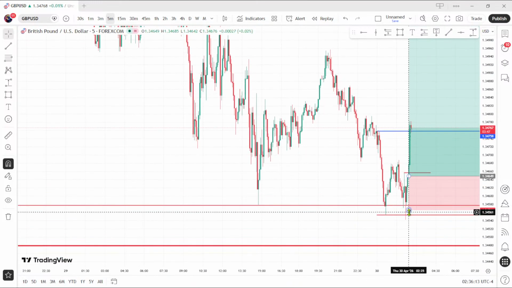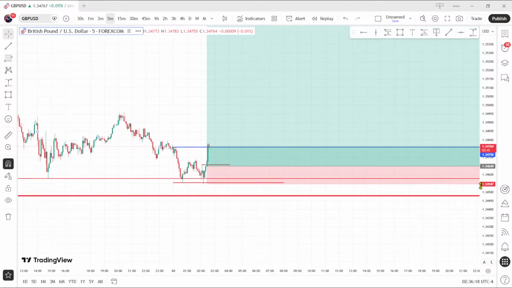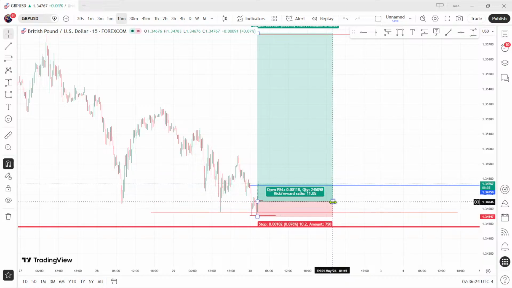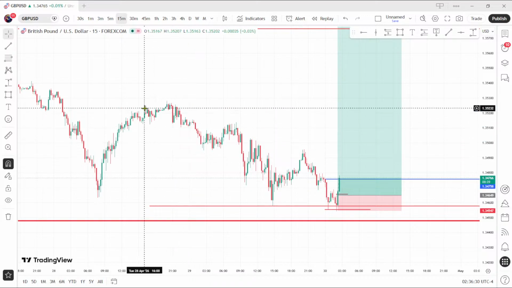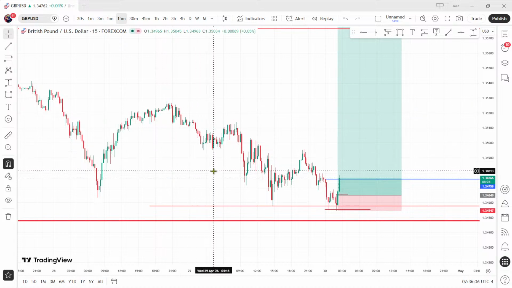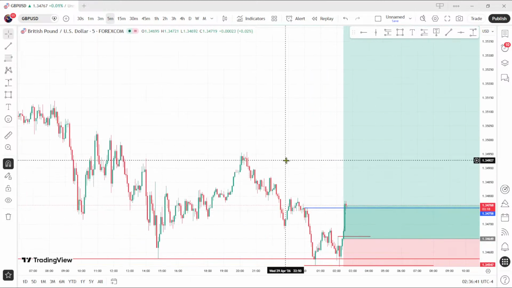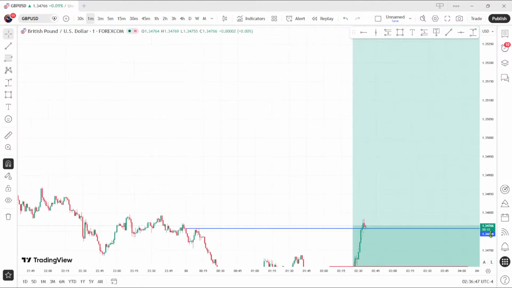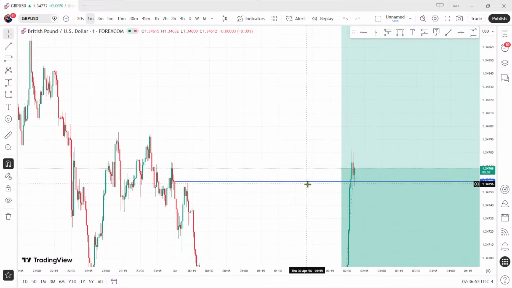Stop loss will be around here. Now you see that retracement.